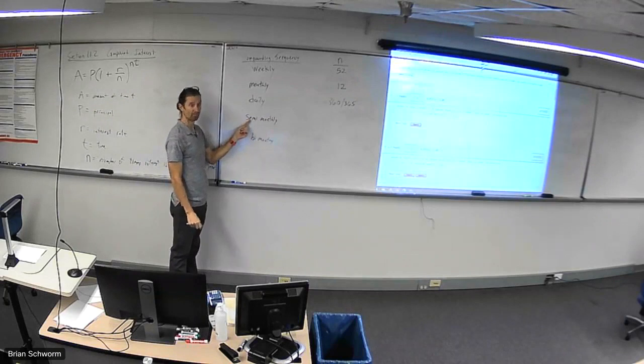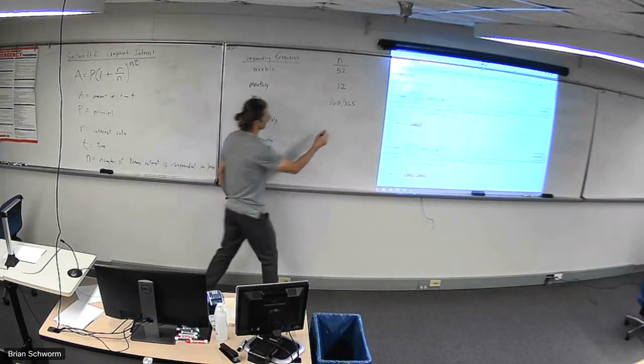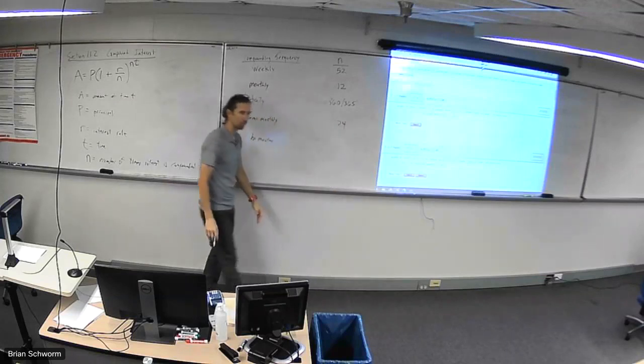So every half of a month, look at how much money you have in the account and add in the interest that you could have at that point in time. Sometimes they do that on the 15th and the 30th. So twice a month for 12 months a year, so 24 times. And it'd be 24.